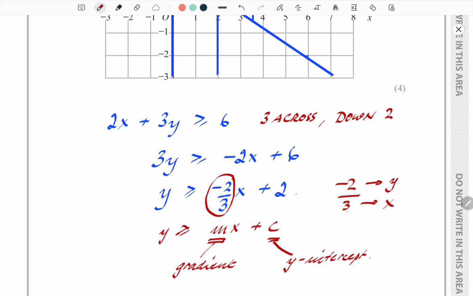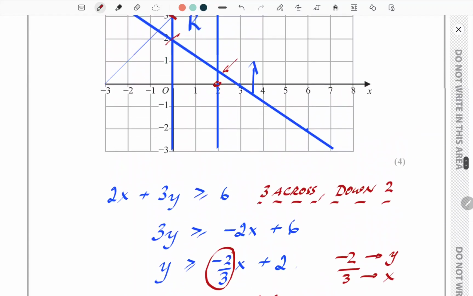So read minus 2 over 3 to yourself in the following way: it's 3 across, down 2, because it's negative. If it had been positive, then you'd go up 2. So if you're not sure how to draw that, just use that method. The bottom number, the denominator, is across, whichever way. In this case, it's positive, so to the right.